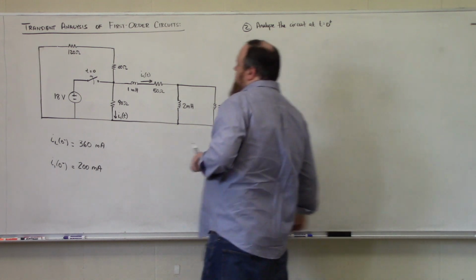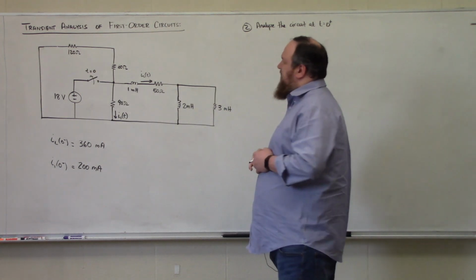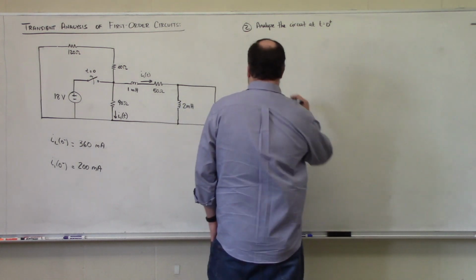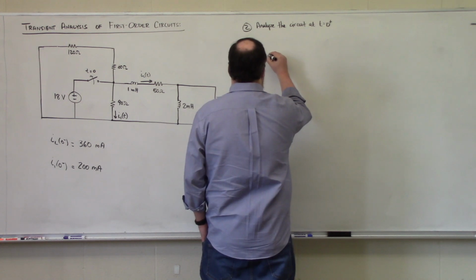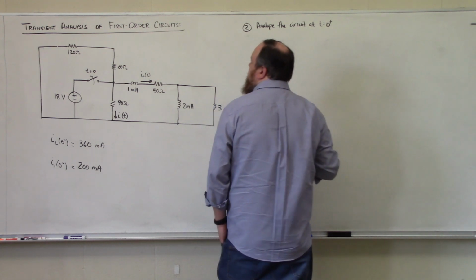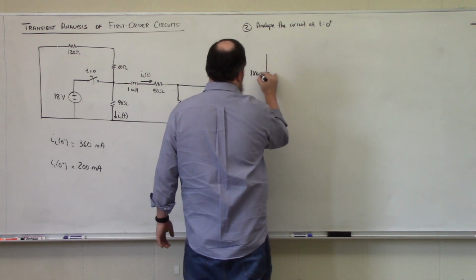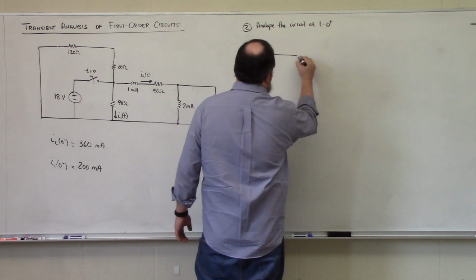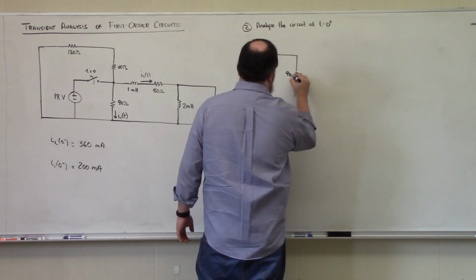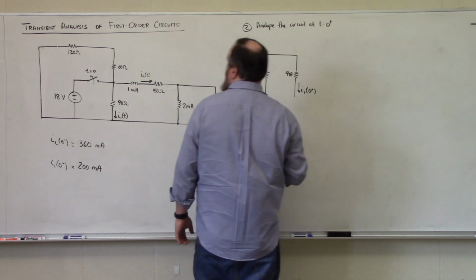So at t is equal to 0 plus, this switch is opened, which is disconnecting the 18 volt source from the rest of the circuit. So I'm just no longer going to draw that. So I will have 180 ohms of resistance for my 60 and 120 in series, in parallel with my 90 ohm resistance through which my current I1 at 0 plus flows.